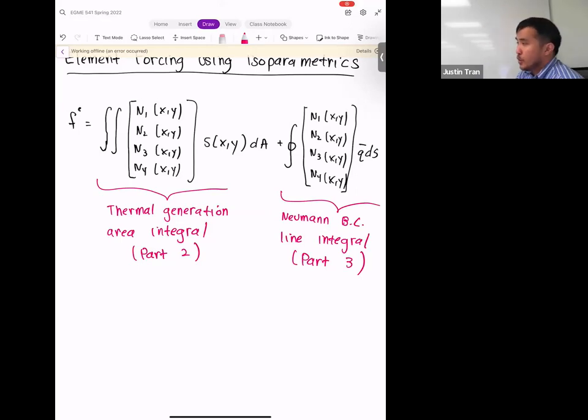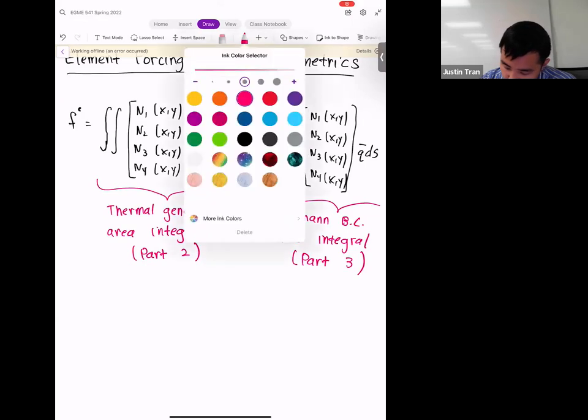And so these are the integrals that we have to evaluate. And just like we saw for the element stiffness matrix, we need to transform these into the parent coordinates, the isoparametric coordinates. So all this x and y, we need to transform into epsilon and eta.